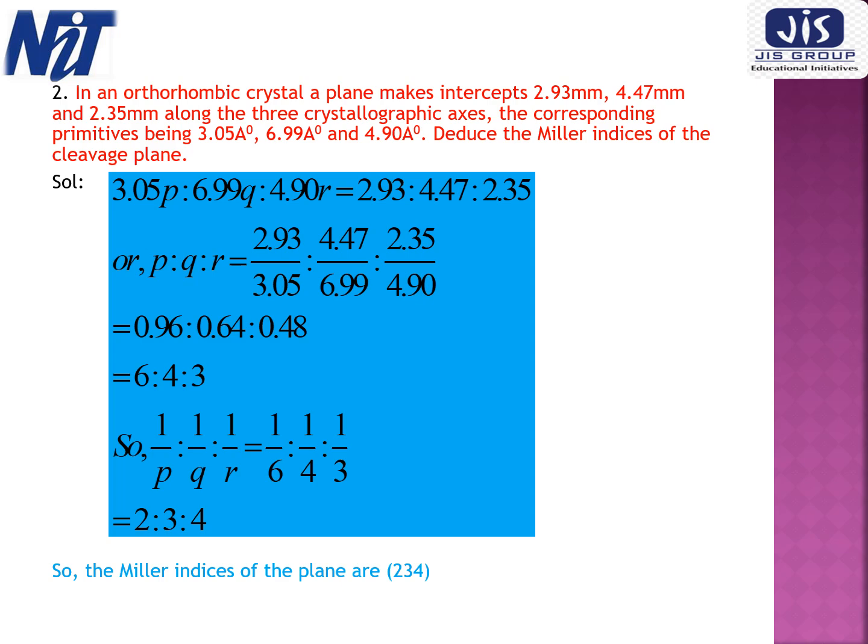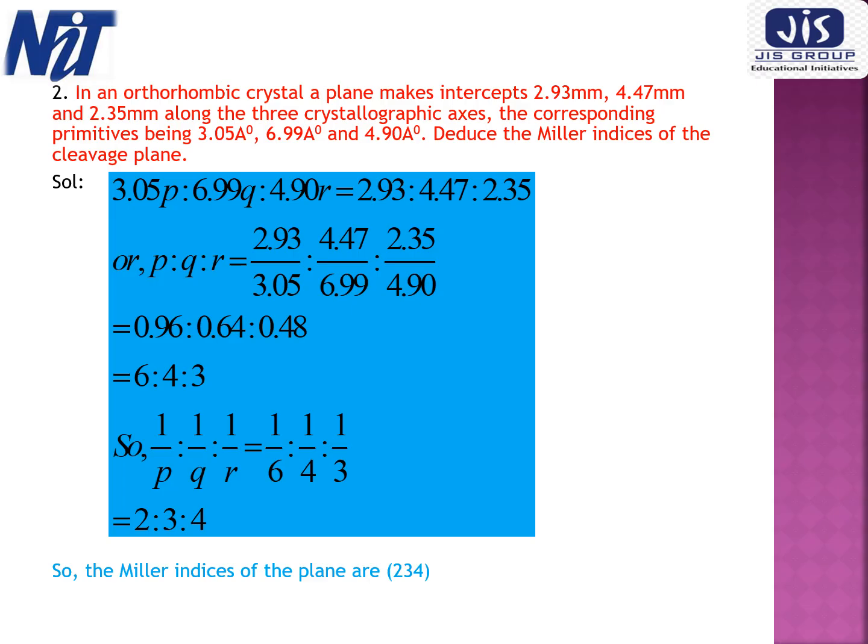Now if we bring all the numerals to the right hand side, then we will get P ratio Q ratio R is equal to 2.93 by 3.05 ratio 4.47 by 6.99 ratio 2.35 by 4.90.